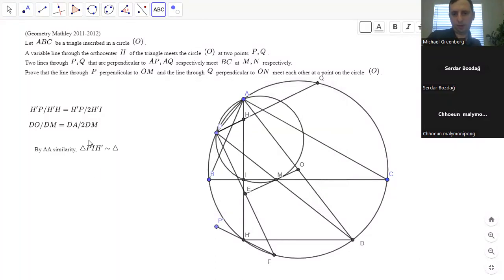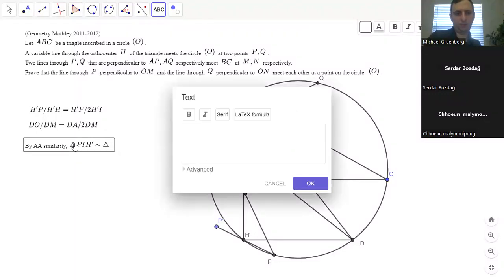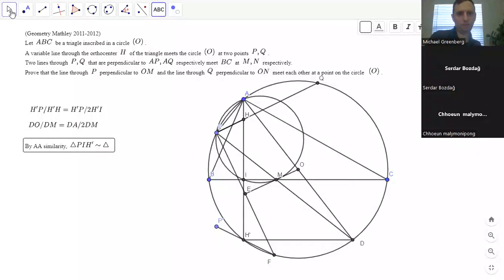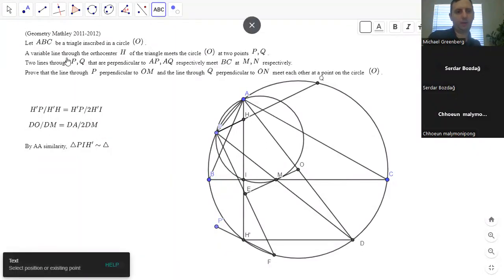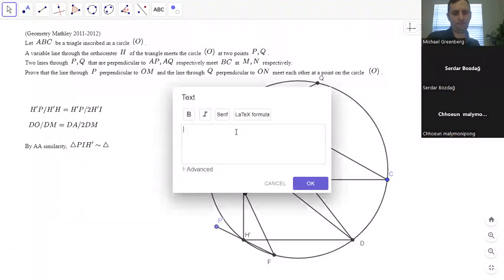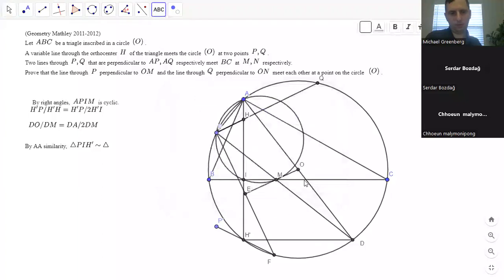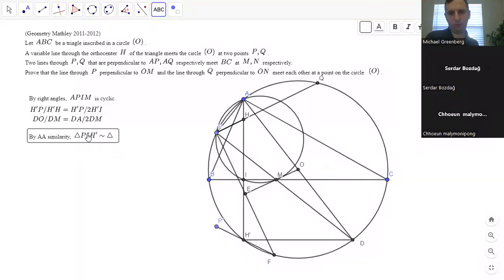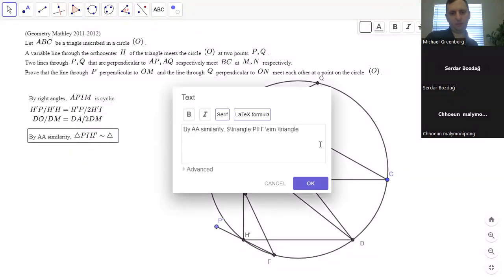So PIH prime is similar to AMD. We're using that PIM is cyclic. And then we have that and that, and then PIH prime is similar to AMD.